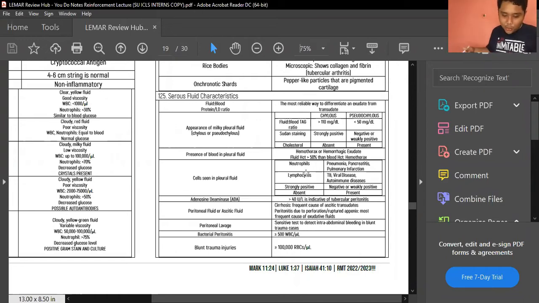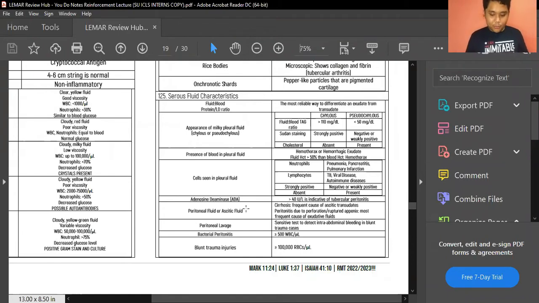All right. Next, you have cells seen in pleural fluid, of course, neutrophils and lymphocytes. ADA, of course, adenosine deaminase: greater than 40 U per L is indicative of tuberculosis. Peritoneal or ascitic fluid: cirrhosis is the frequent cause of ascitic transudates.